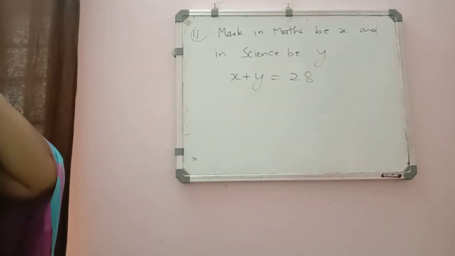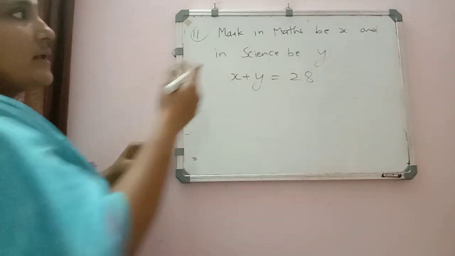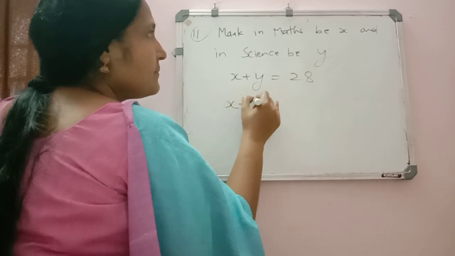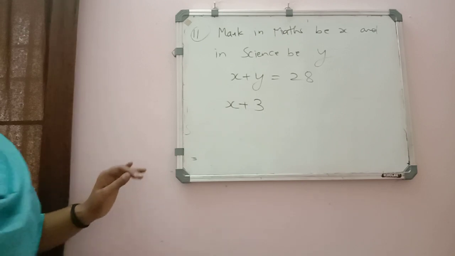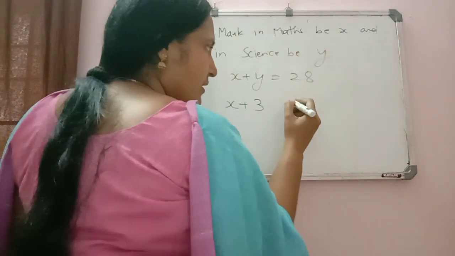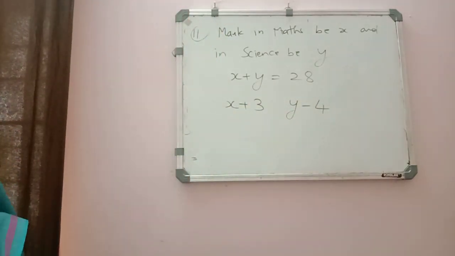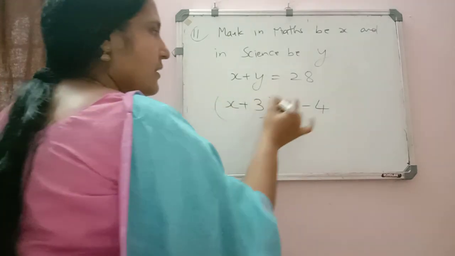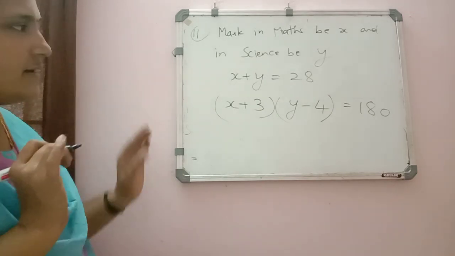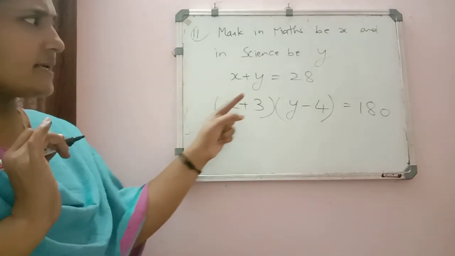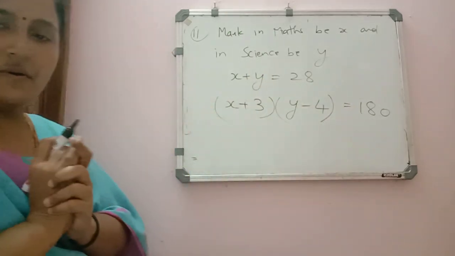Now it was written, had he got 3 marks more in maths, it will be x plus 3. And 4 marks less in science. At present in science the mark is y, 4 marks less, so y minus 4. The product of his marks would have been 180. Clear? If he got 3 marks more in maths and 4 marks less in science, the product of their marks will be equal to 180.